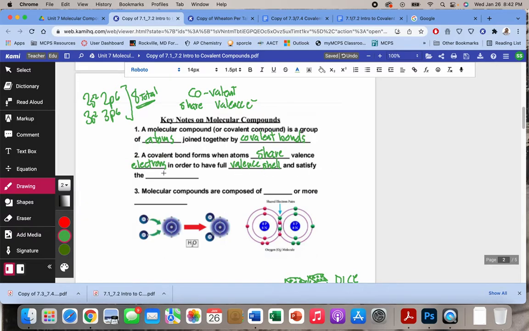And so we're going to call it the octet rule. Octet rule, right? Because 8 is an octet. Molecular compounds are composed of 2 or more nonmetals or metalloids. Right? But let's not talk about the metalloids too much.